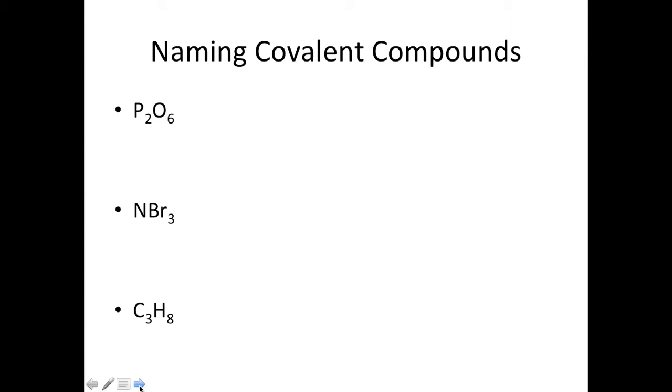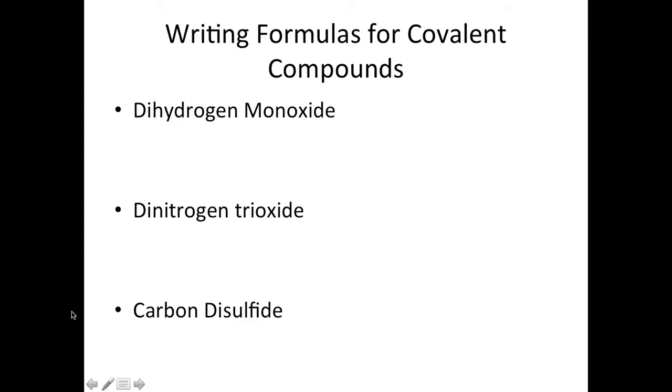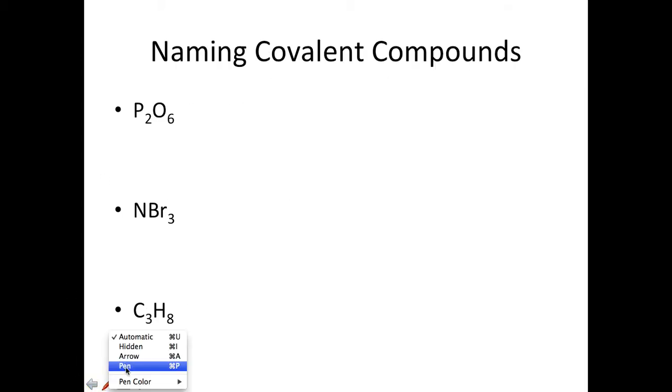Covalent compounds are super easy to name because you're going to use the back of your polyatomic ion chart, only you're going to use the section that says prefixes. And these are so easy to name. I'm just going to look at what I have. I have P and I have O. And I know P is phosphorus, so I'm going to write phosphorus.